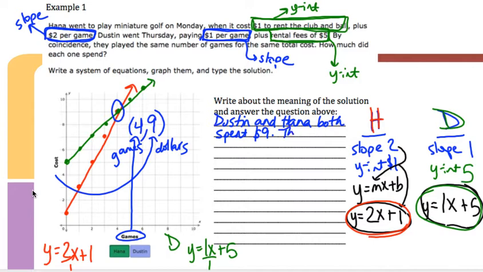They both had played 4 games. The x value of the solution is the number of games.